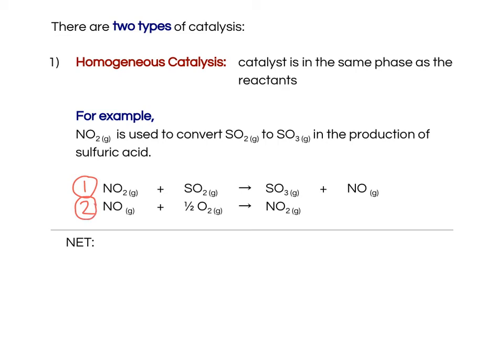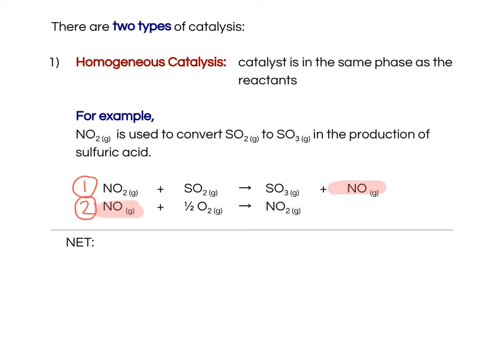So we look at this reaction, and we can see that NO2 is being added to SO2 in order to convert the SO2 to SO3. As a result, we produce NO, and that NO gets used in the next step to produce product.